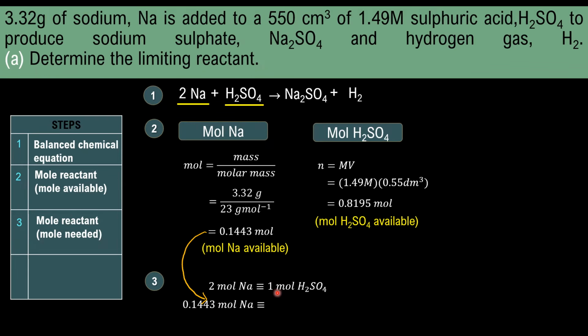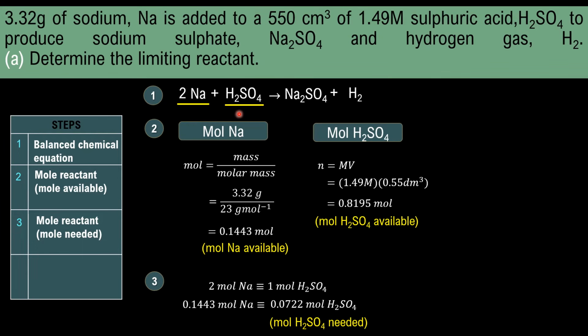0.1443 mol times 1 divide by 2. So, kita dapat 0.0722 mol H2SO4. So, yang ni lah kita panggil sebagai mol H2SO4 needed. Bilangan mol H2SO4 yang kita perlukan untuk bertindak balas.